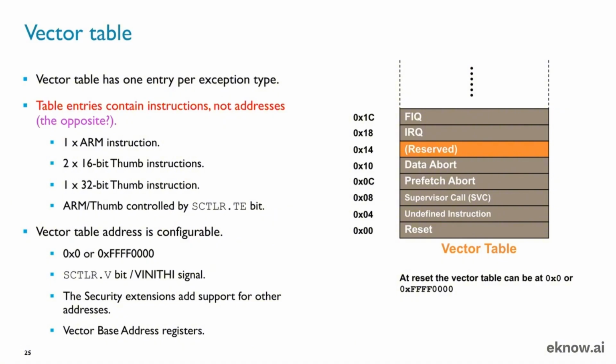Now, here's a very important and unique detail about the ARM architecture. In many other systems, a vector table contains the memory addresses of the handler functions. But in ARM, the table entries themselves contain executable instructions. This is a key difference. So, when a data abort happens, the processor doesn't go to address 0x10 to read another address.